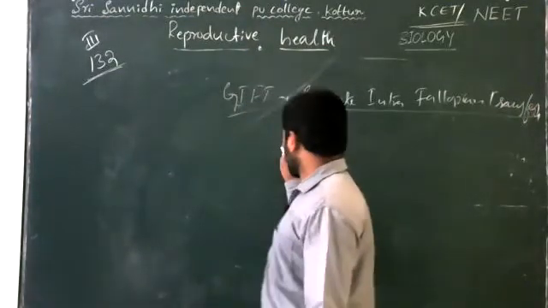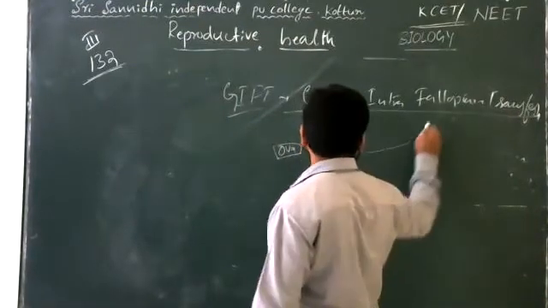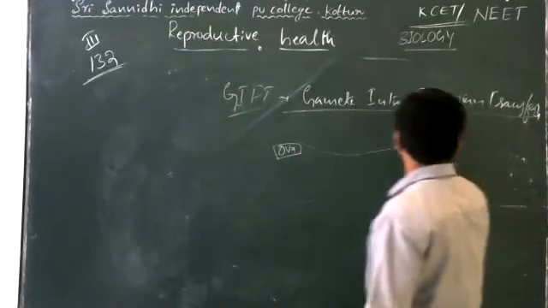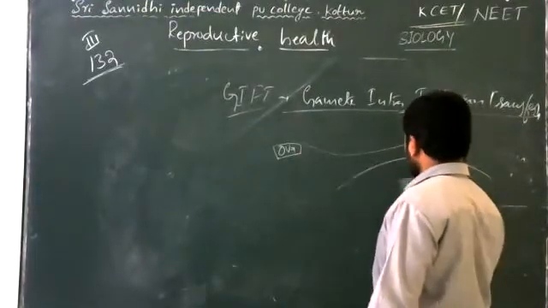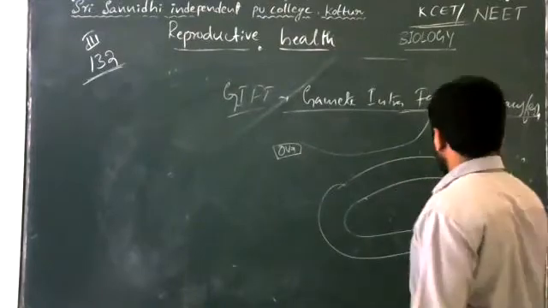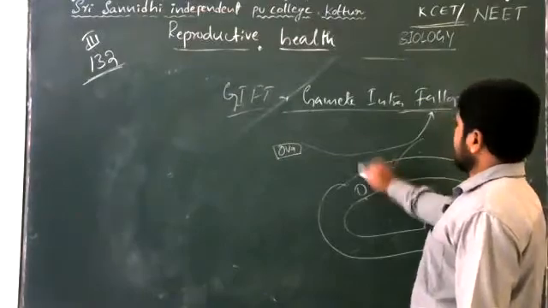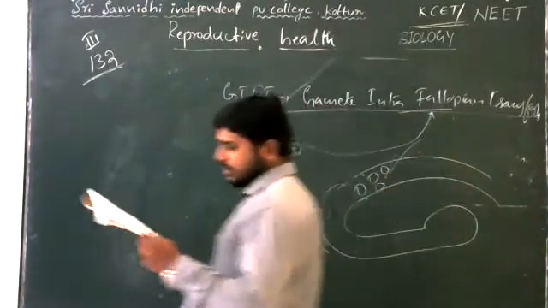That is, an ovum or ova, a gamete, is transferred into the fallopian tube. Remember, transfer to the fallopian tube. That's what gamete intrafallopian transfer is.